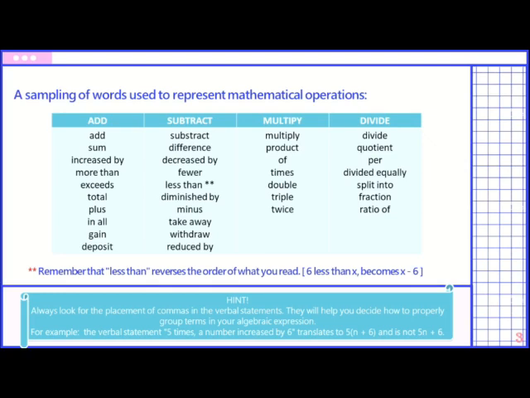For example, the verbal statement 5 times, comma, a number increased by 6 translates to 5 open parenthesis n plus 6 close parenthesis. It is not 5 times n plus 6.